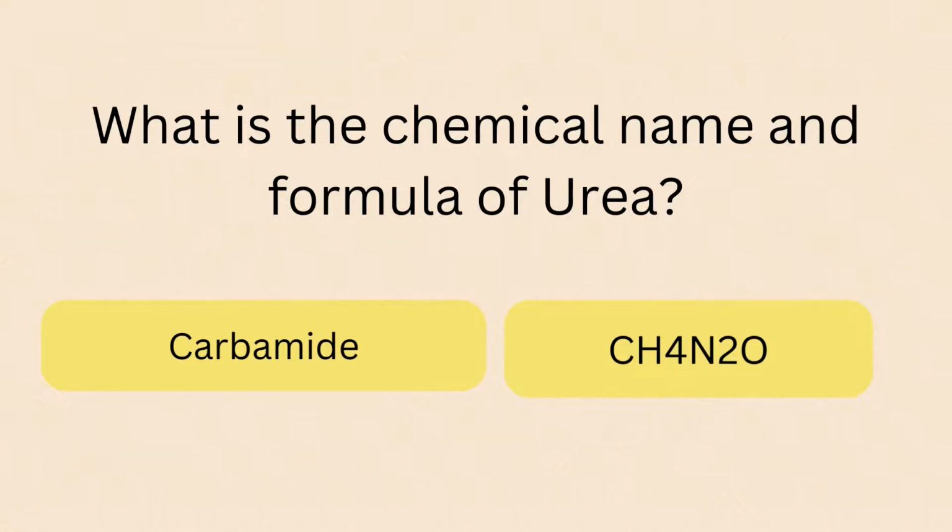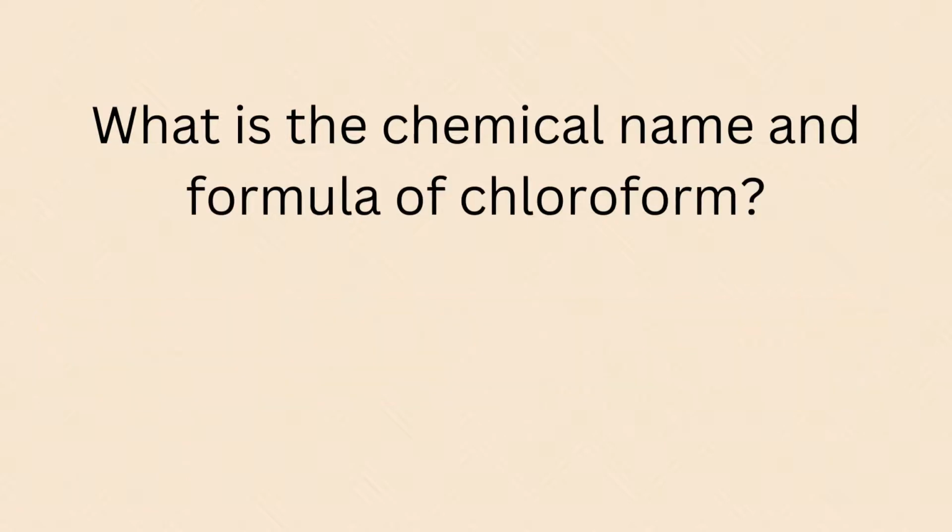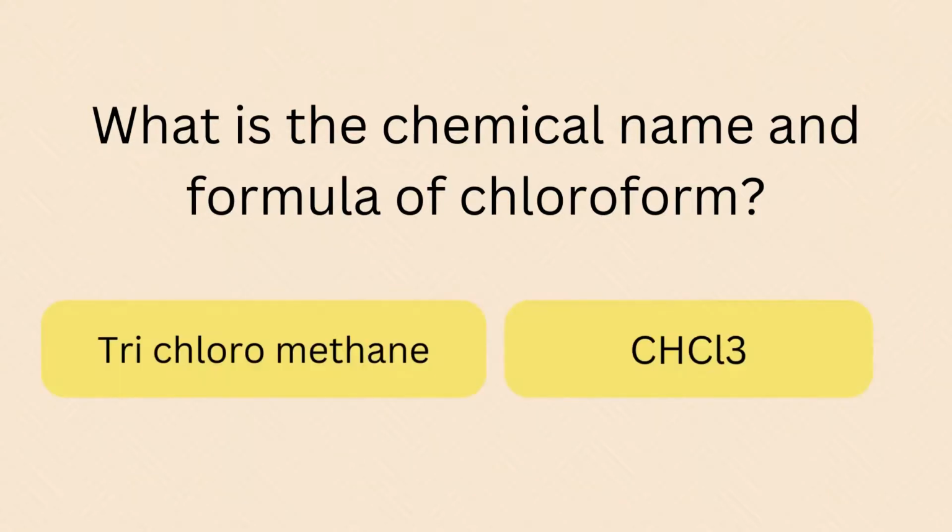Okay, next one. What is the chemical name and formula of chloroform? Answer is the chemical name of chloroform is trichloromethane and the chemical formula of this chloroform is CHCl3. Trichloro means 3 atoms of chlorine, Cl3. Methane is methane.